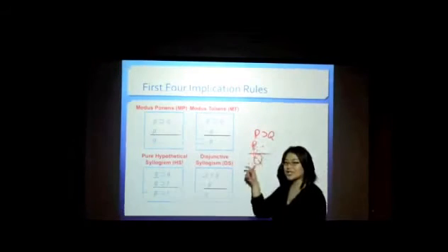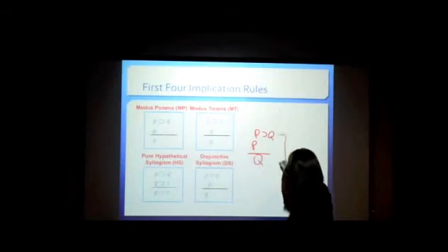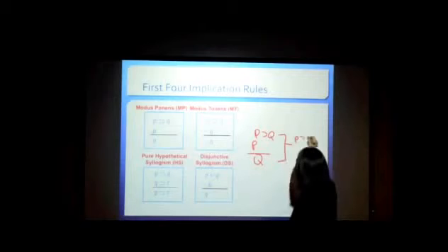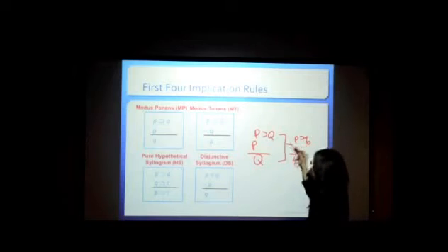What makes it possible is a rule of inference, and that rule of inference is basically the form if P then Q, P, so Q, as an inference rule.